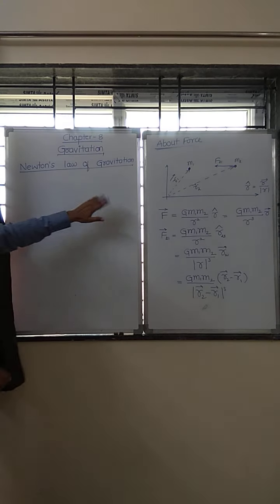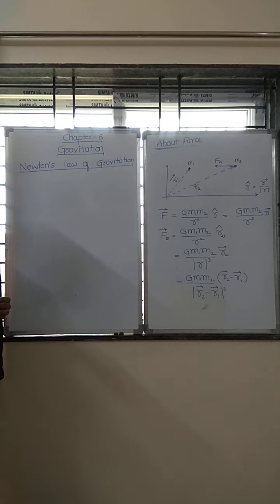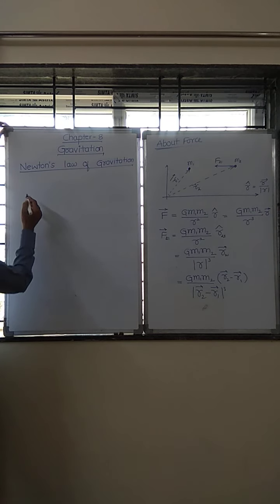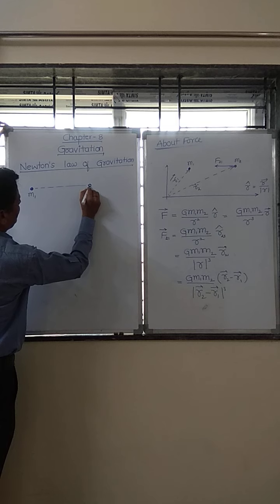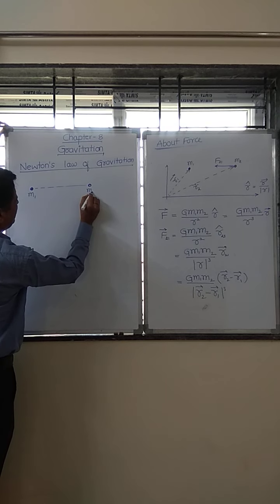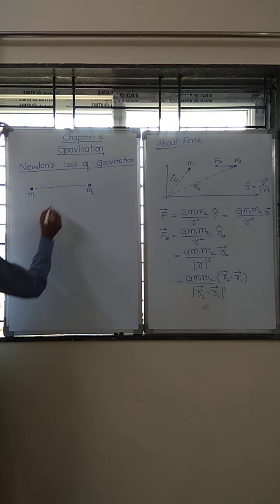So based on this, I can go for some examples. First, a simple example. Consider m1 and m2 separated by distance r in vacuum.